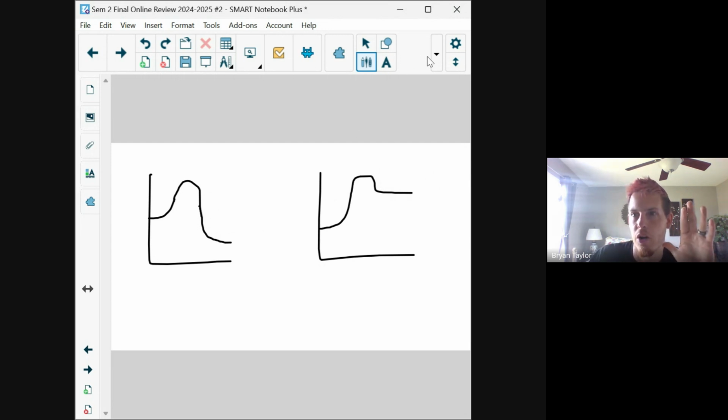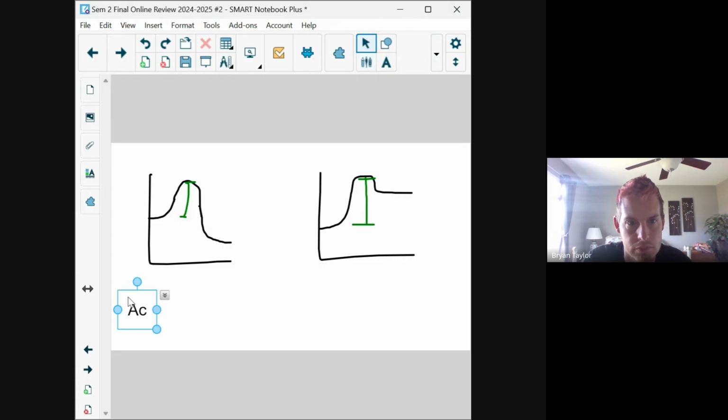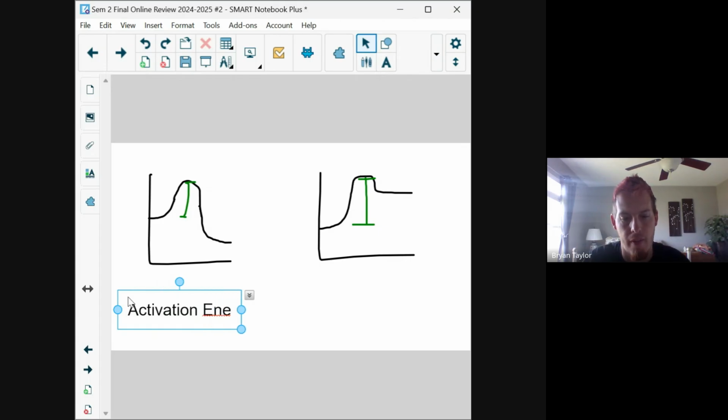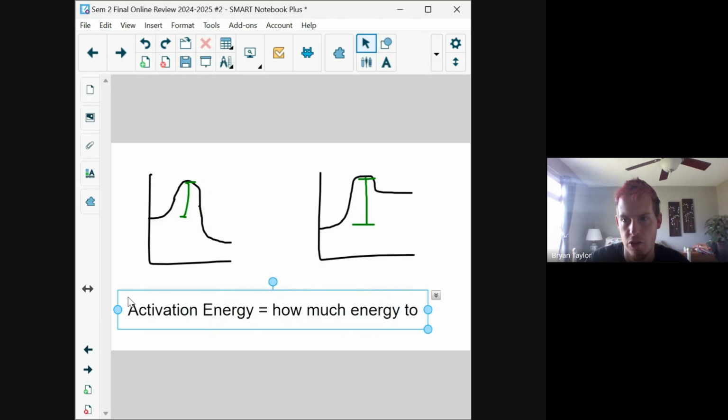So activation energy is this. It's how much energy it takes to start a reaction.